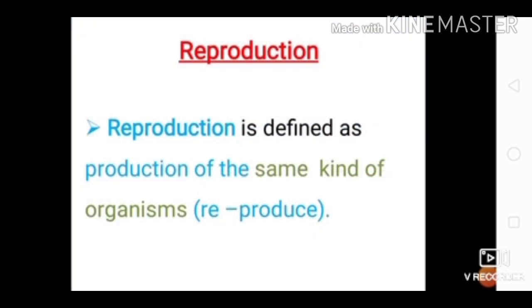So, what is reproduction? Reproduction, by the word itself, we can understand that it is to reproduce. It is defined that the organisms are producing the same type of organisms. Here is the definition and the keywords.